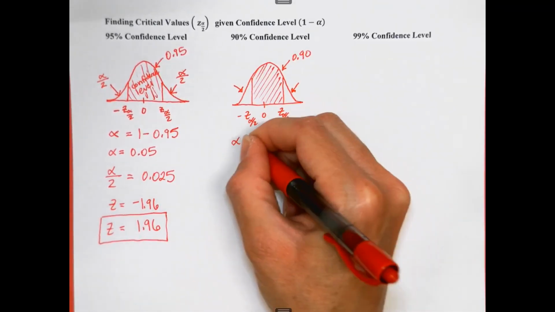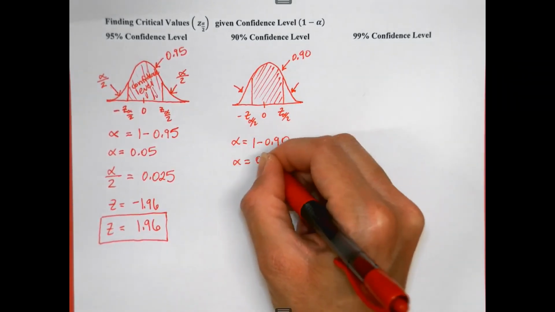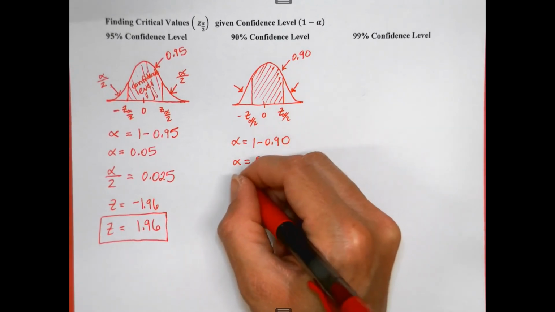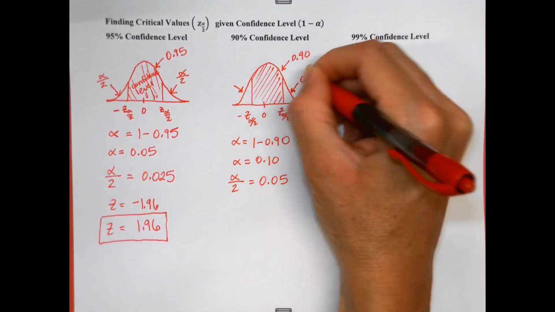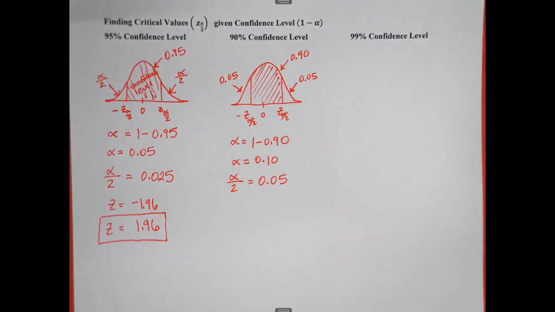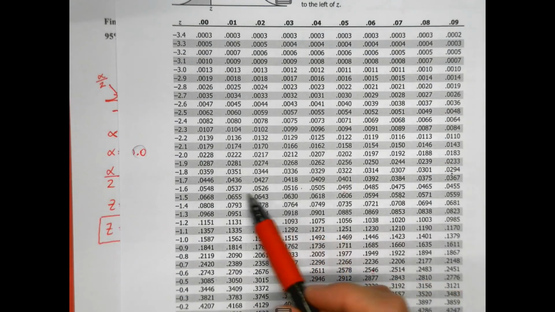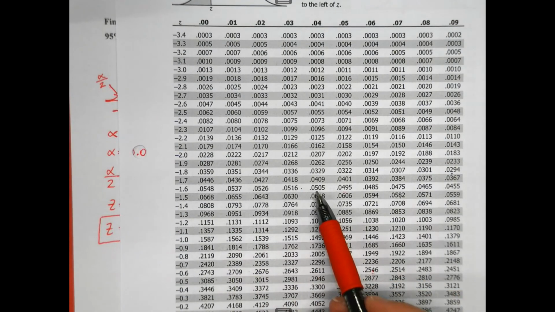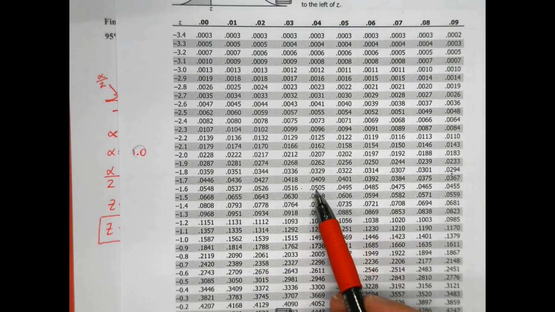If alpha is 1 minus 0.90, or 0.1, then half of that is 0.05. So this little piece here is going to be 0.05, and this little piece here is going to be 0.05. So again, we go to our z-score table, and we have to find 0.05 in our table. We have 0.0505 and 0.0495. Notice that 0.05 is exactly halfway in between these two z values.